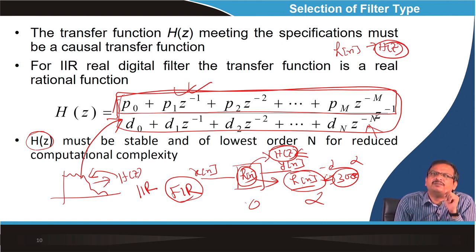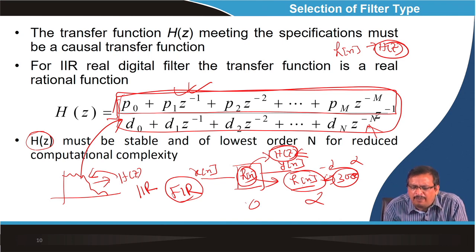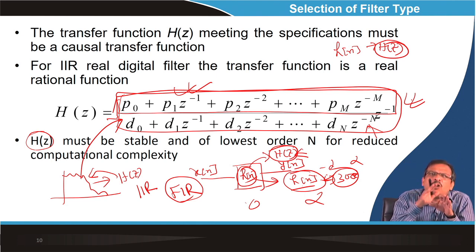And as much as possible I have to keep the order of the polynomial low, because if the order of the polynomial increases, the complexity of implementing H(z) increases.